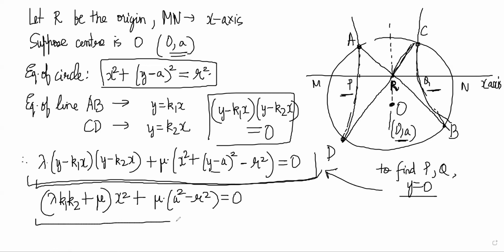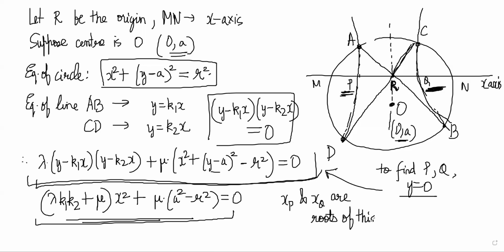So what are we getting here? Think about it. This is the equation that should tell us the x coordinates of P and Q, because we are trying to find where the conic section intersects our x-axis. So xP and xQ are roots of this equation.